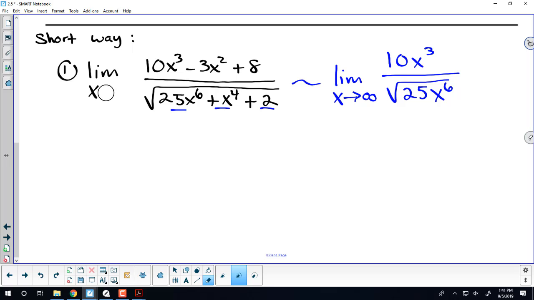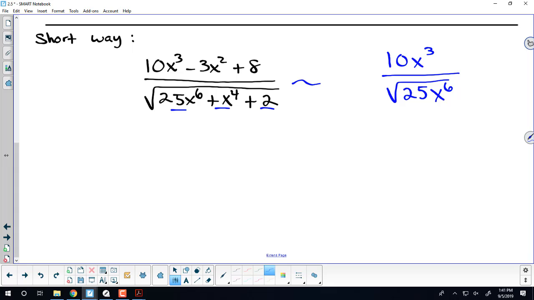So let me make this even more generic here. And I'll note that they're asymptotic to each other as x approaches positive or negative infinity.